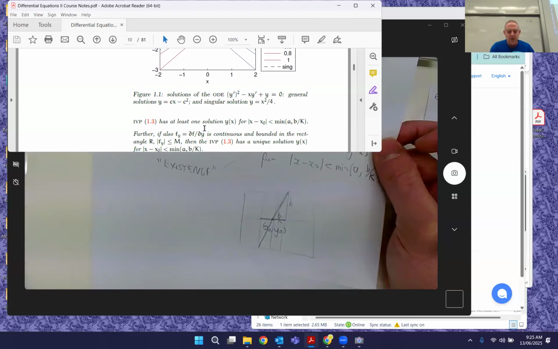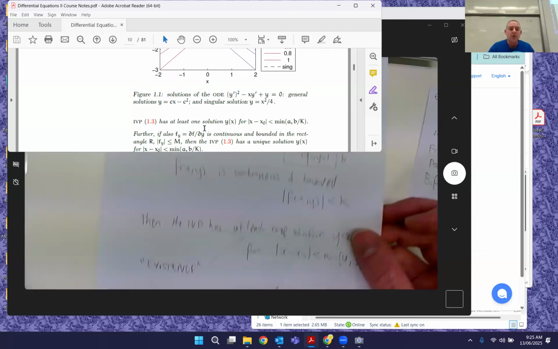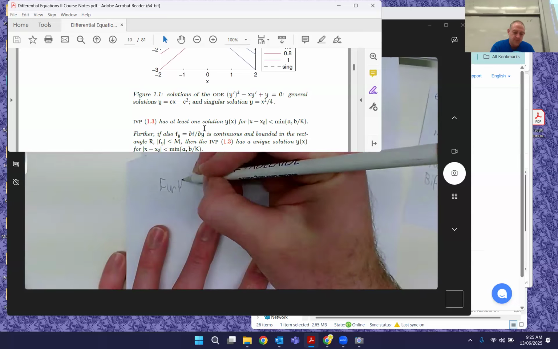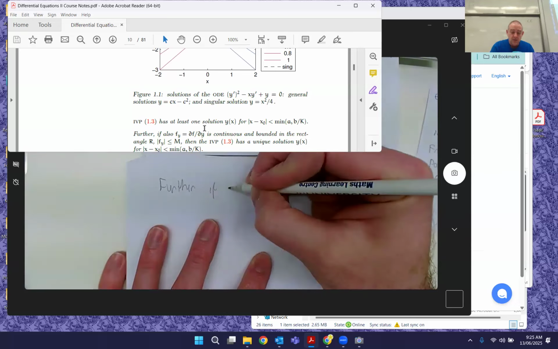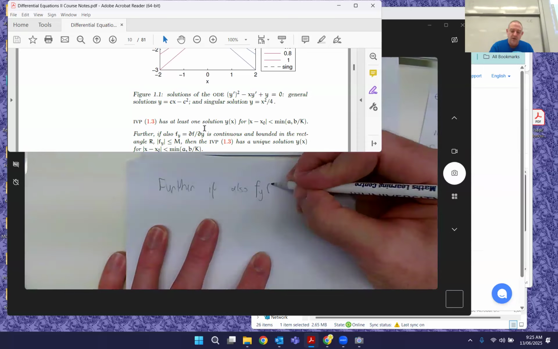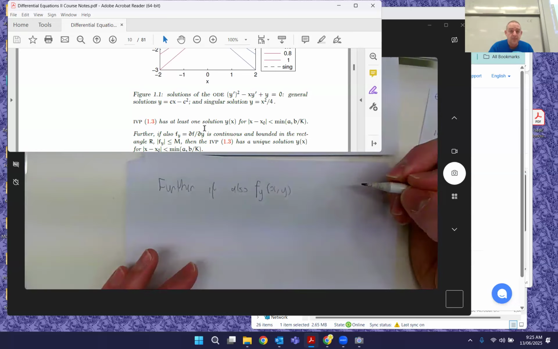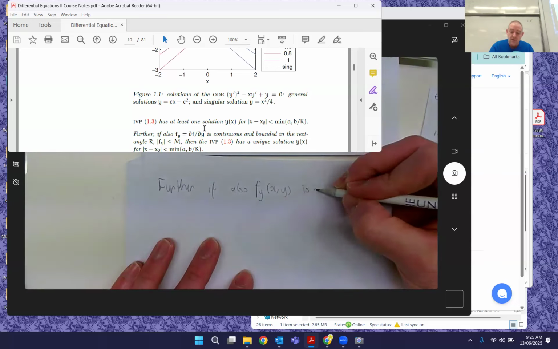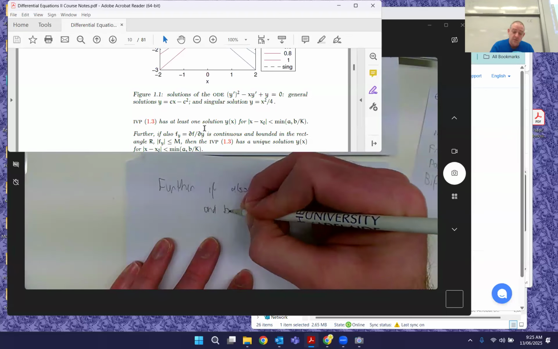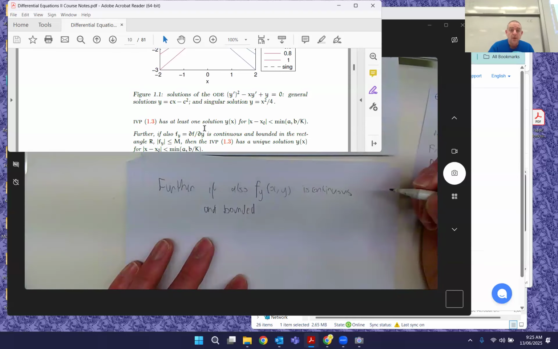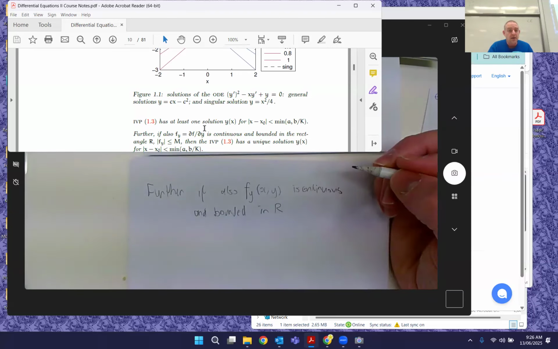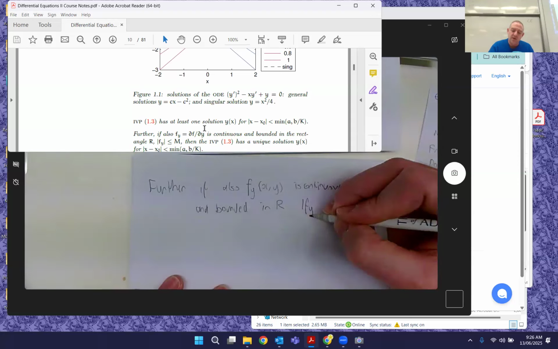All right, and then there must be a bit about there being only one solution. So further, if also f sub y, so that's the y derivative of this thing, is continuous and bounded as well in the rectangle R, then, oh, yes, because it's bounded, it's got a bound as well.